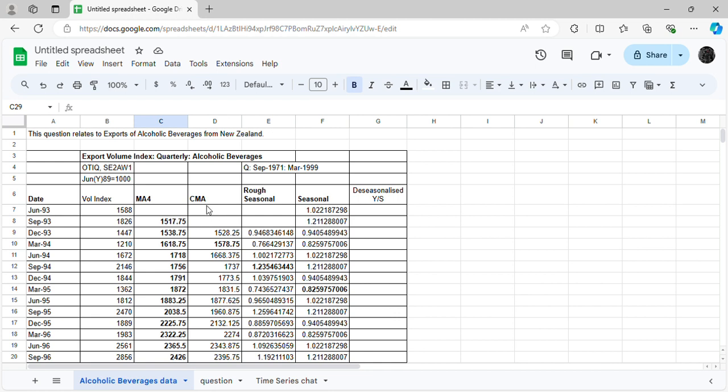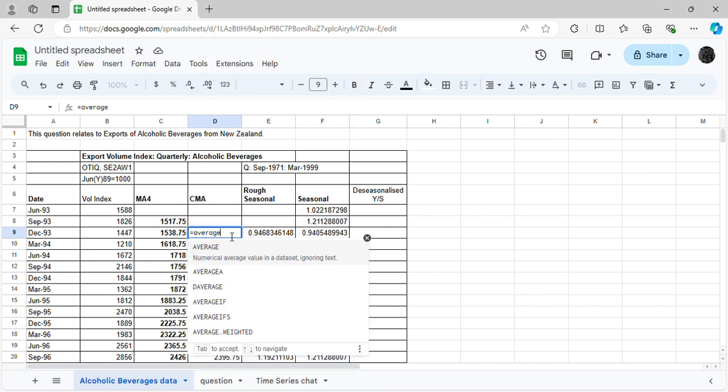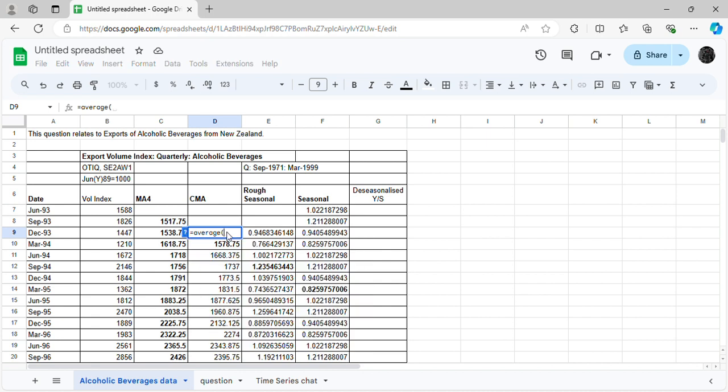Now for the centered moving average, that equals average of the previous moving average, that is for September 1993, and the 4 moving average for that particular quarter.